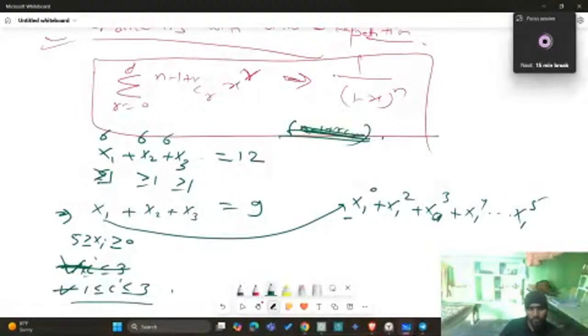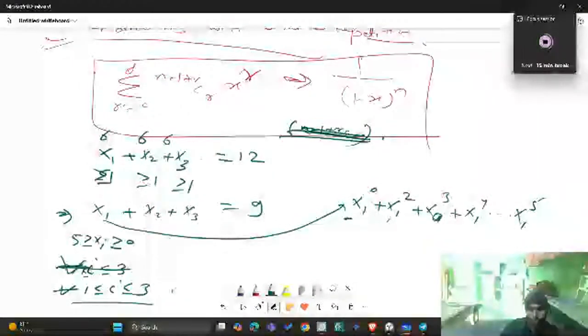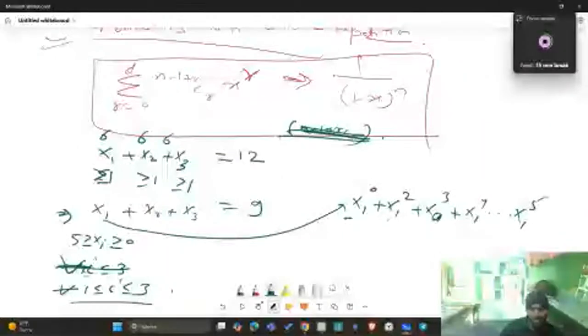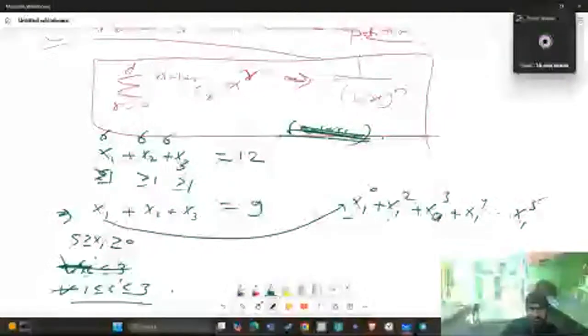These are identical, so x1 can get any value, and so on.